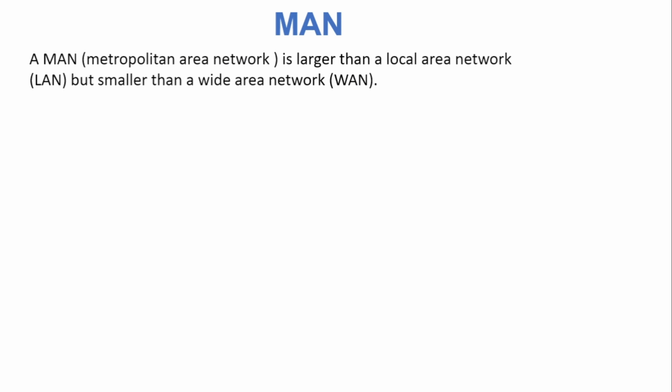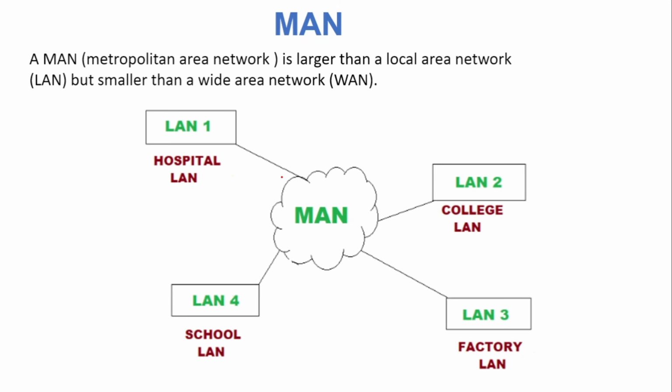The next type of network we're talking about is a MAN. A MAN, or metropolitan area network, is larger than a local area network and also larger than a CAN, which we'll be talking about next. But it's smaller than a wide area network, which we'll also be talking about later in this video. This is an example of a MAN. When we talk about metropolitans, we're talking about cities or towns.